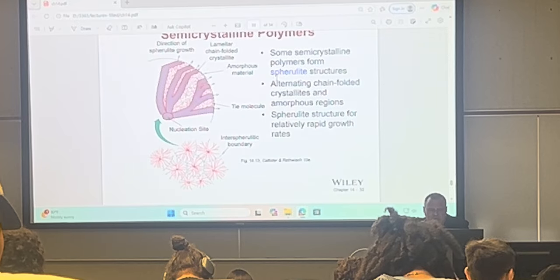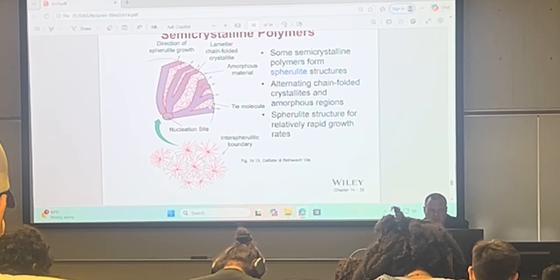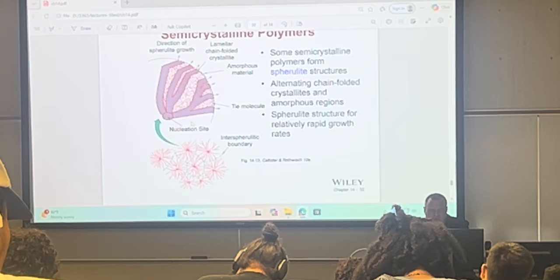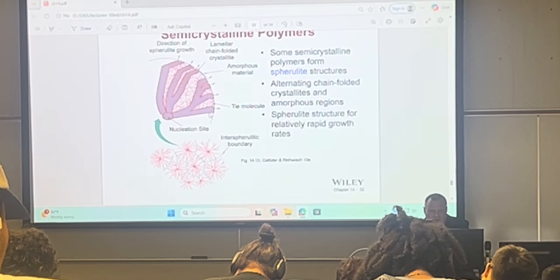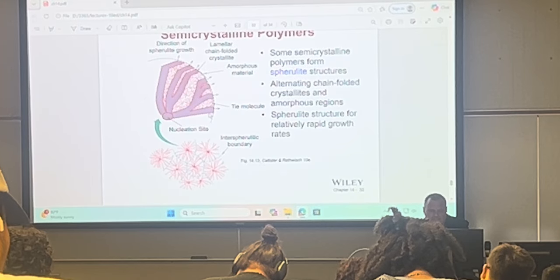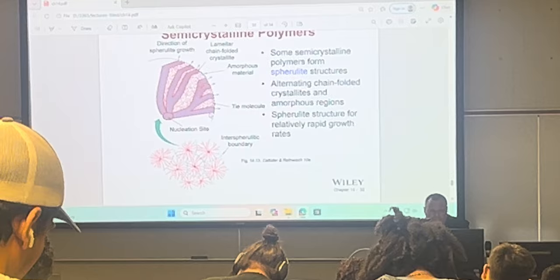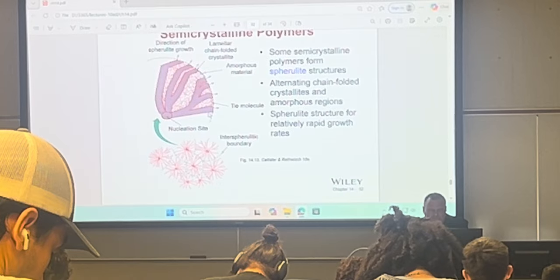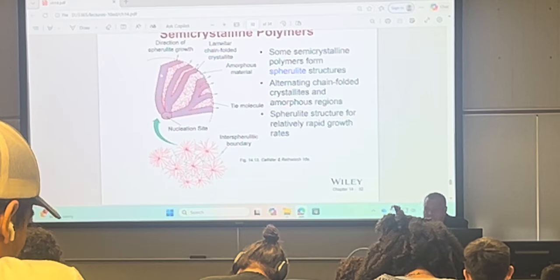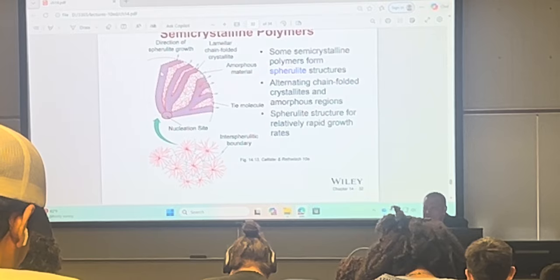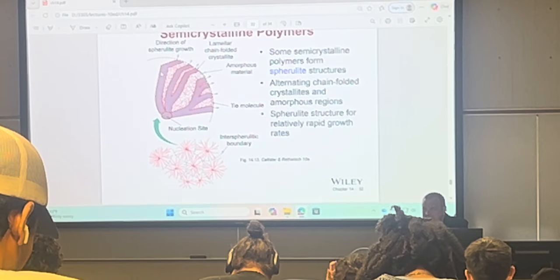So these polymers would have spherulite structure, and we have alternating chains that are crystalline with amorphous regions. And because it's very directional, it can happen relatively fast.